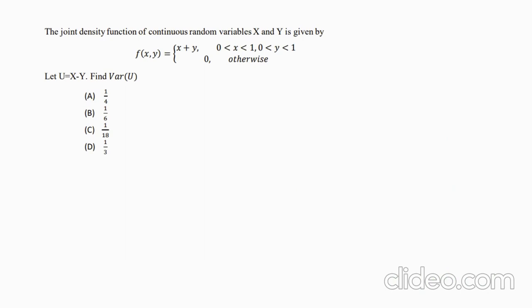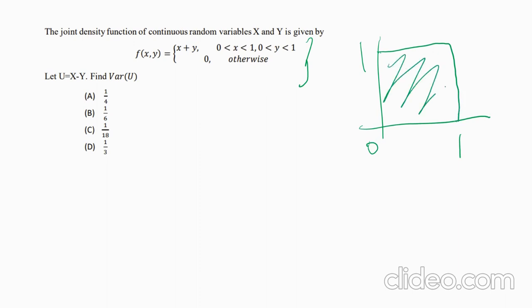Now the next question given here is the f(x,y), and this is defined in the region. So again, like I have said earlier, firstly we need to find where this one is defined. So x is from 0 to 1, y is from 0 to 1. So this is the region where f(x,y) is defined.